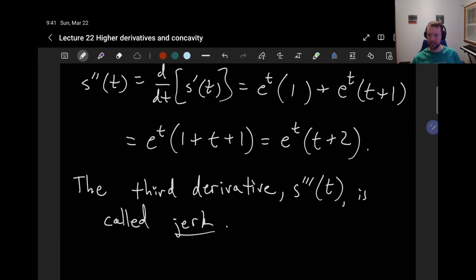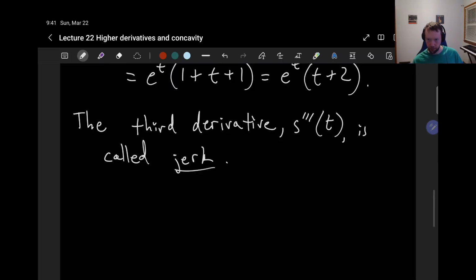But it's when that acceleration changes, that's when you feel this pull, when the third derivative is not zero. So we call that jerk. So that's a real thing that we experience.